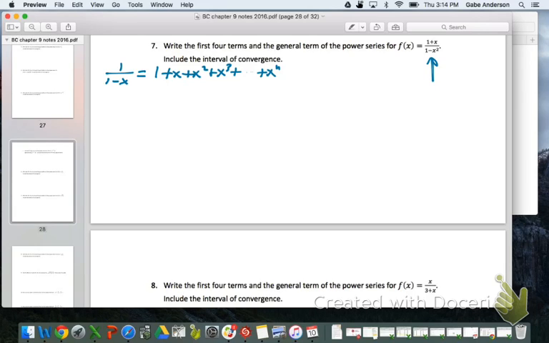So the first thing that I notice here is instead of 1 over 1 minus x, we have something over 1 minus x squared. That x squared being kind of a key feature there.